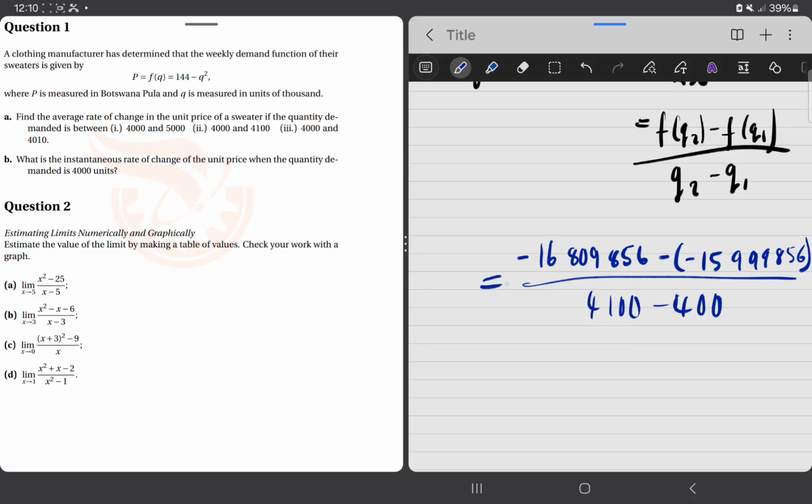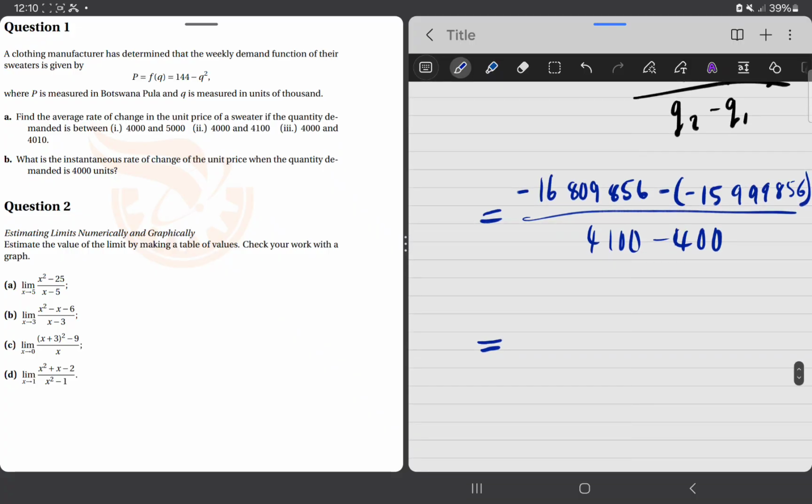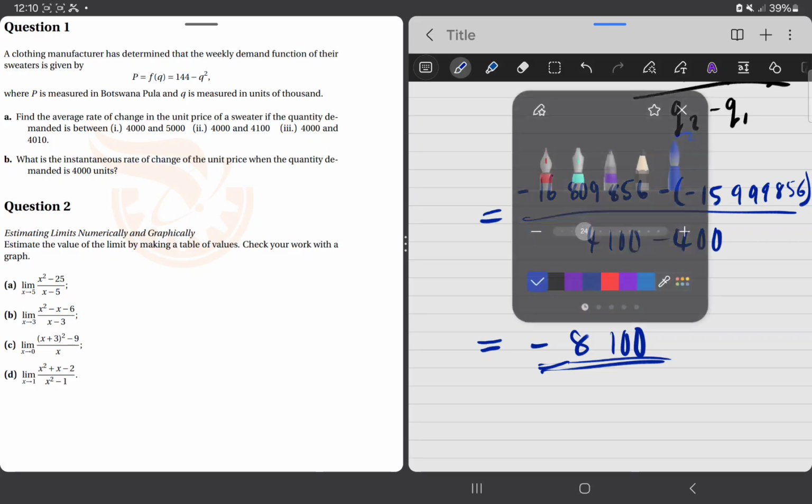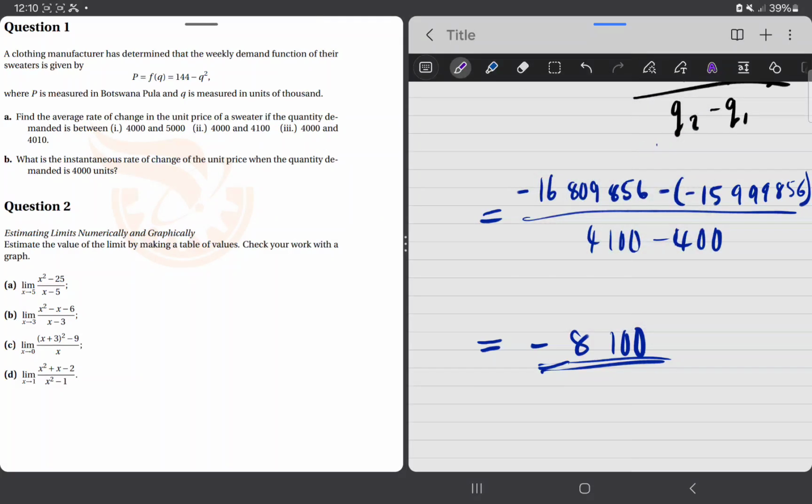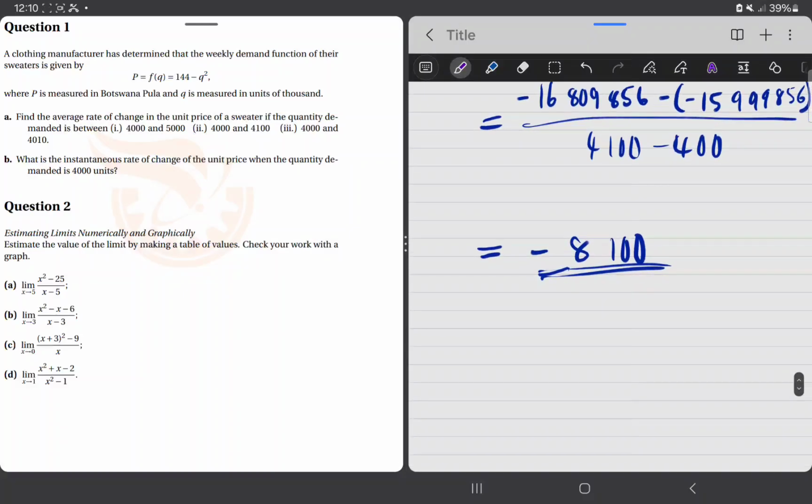So you put it in the calculator, you should get negative 8,100 as your final solution, okay? You can start by doing the top, then you get an answer, then you do the bottom, you get an answer, you divide, you should get 8,100, and this would be my final solution.